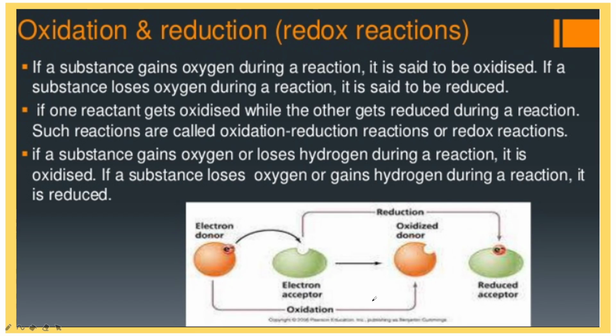Oxidation is a chemical reaction which involves addition of oxygen or any other electronegative atom or ion to a substance. Whereas reduction is a chemical reaction which involves removal of oxygen or any other electronegative atom or ion from the substance.